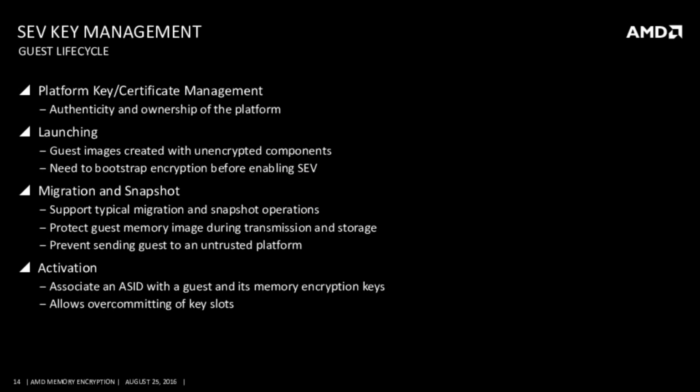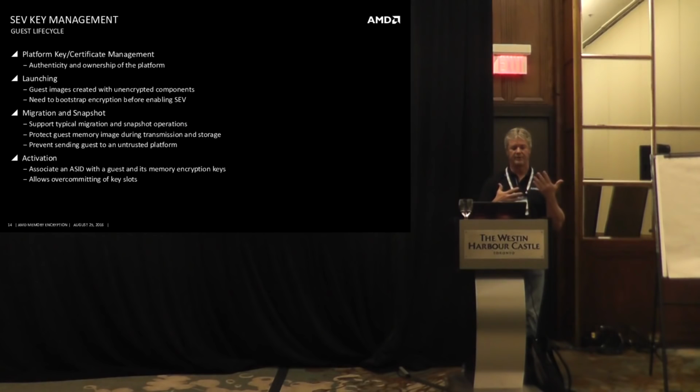And part of this whole guest life cycle, right, we have to take it through the platform key and certificate management. And the platform key kind of shows that we're running on a true AMD platform with SEV support.